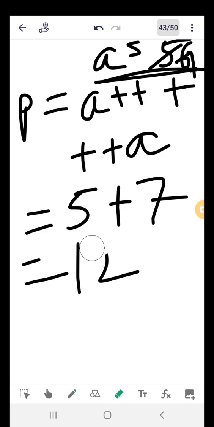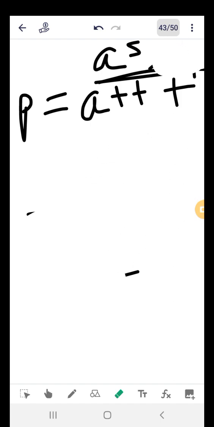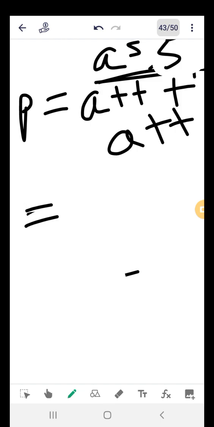For example, in this example only, let's see, if it was 5 plus A plus plus, now I am writing. So what will be the answer? First we will use A plus plus, so first we will use the previous value 5, and it will become 6, 1 will increase.